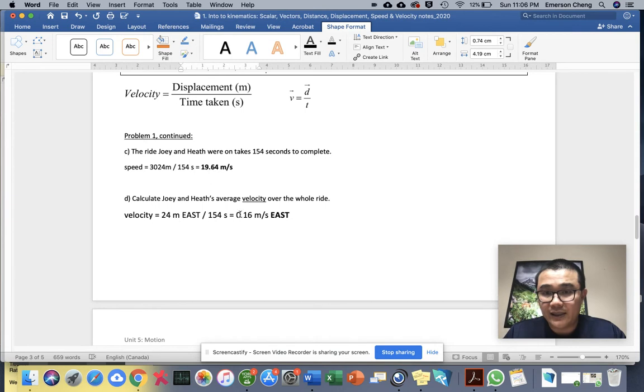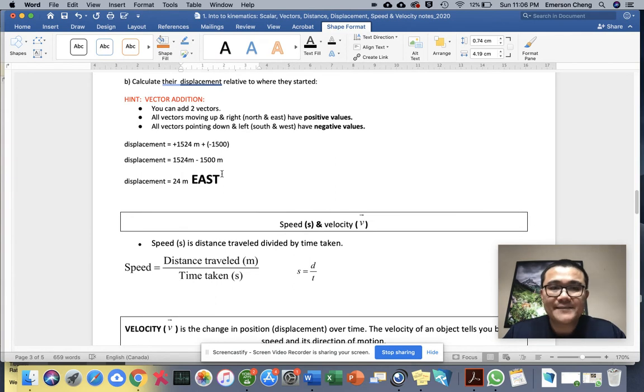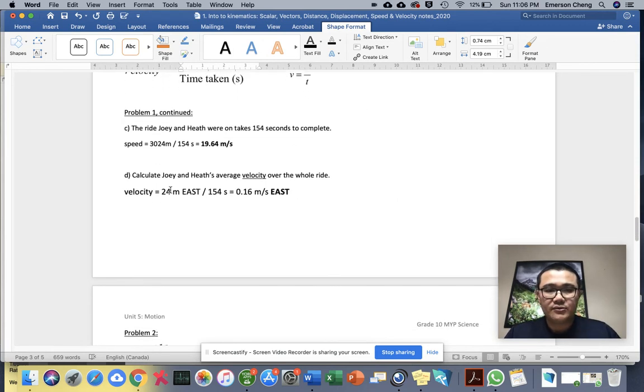But if you calculate the velocity of the whole ride, keep in mind from earlier, your displacement is only 24 meters east. From the beginning of the ride to the end, they only moved 24 meters east. So 24 meters divided by this gives you 0.16 meters per second east.